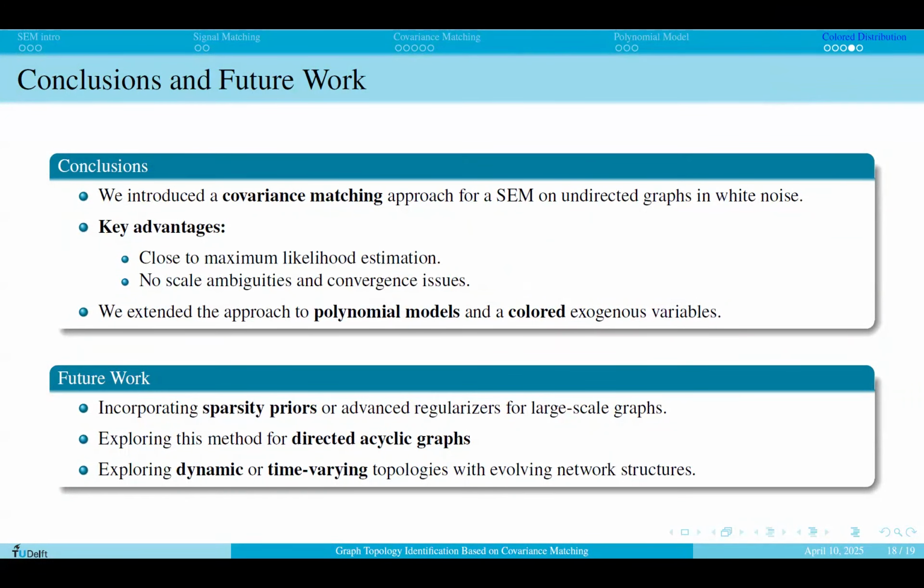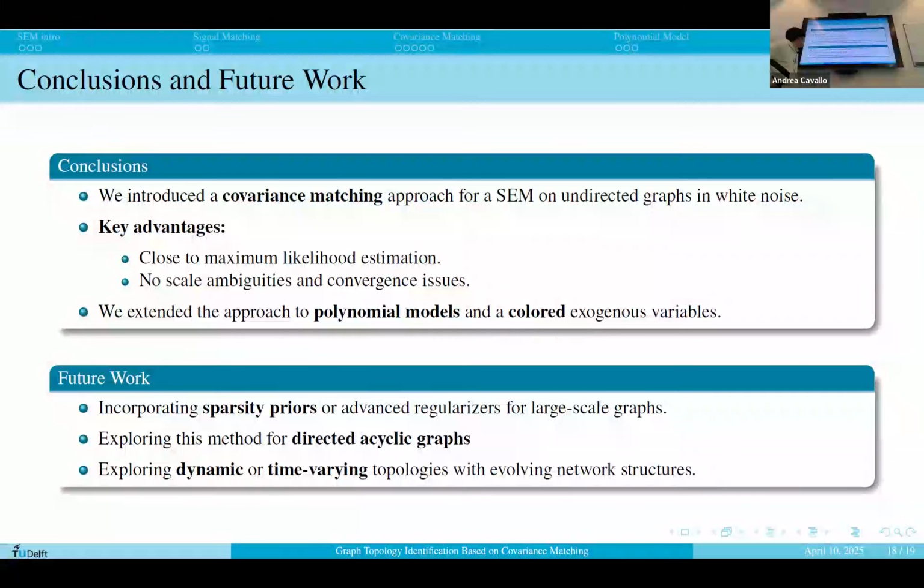And because now we get a very good starting point, we can still use this as a starting point for the maximum likelihood estimator. And there's no scale ambiguity in this method, because for the spectral candidate you know the graph, but there is a scale ambiguity. So any scalar times the graph is something you can get.